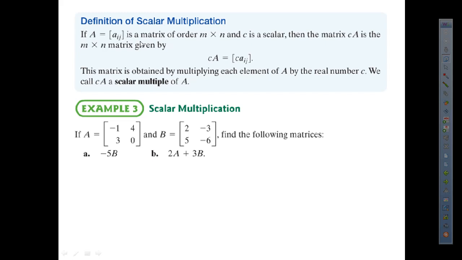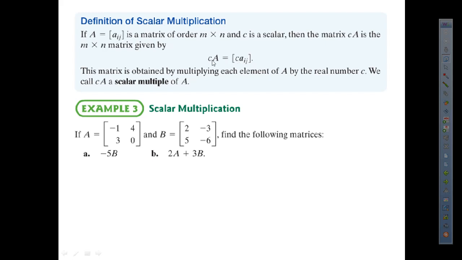Now, scalar multiplication. If we have matrix A, a matrix of order m by n, and C is a scalar, which just means a number that's not in the matrix, then the matrix C times A is the m by n matrix given by C times A sub ij.